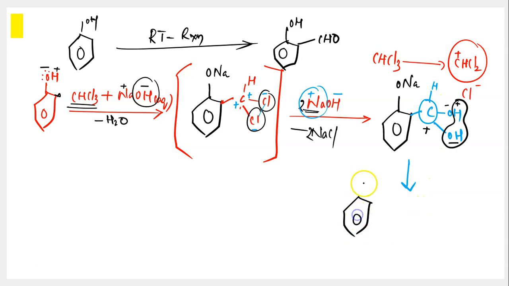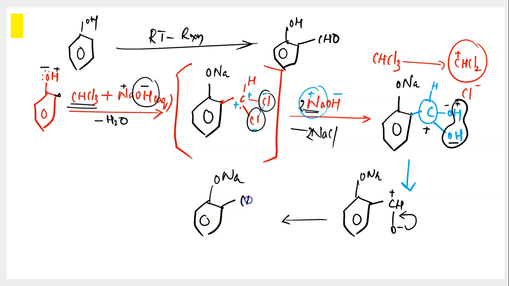And you are going to have a sodium phenoxide with the CH, O minus, and this carbon is going to have a positive charge. In order to balance the plus and minus charges, there will be a double bond formation between carbon and oxygen, and this leads to formation of ONa with the CHO. So finally you have an aldehyde functional group achieved at the ortho position.